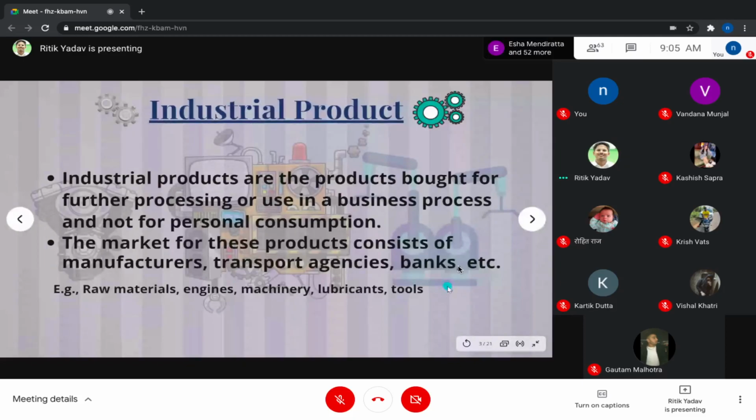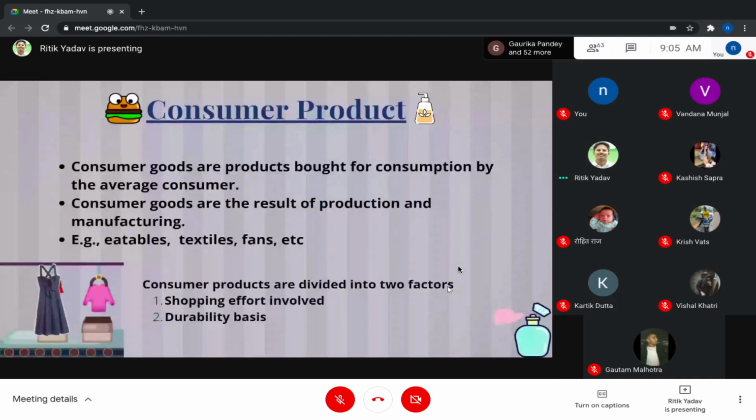Now we have another classification of products, that is consumer products. Consumer products are purchased by ultimate consumers or users for satisfying their personal needs and desires.